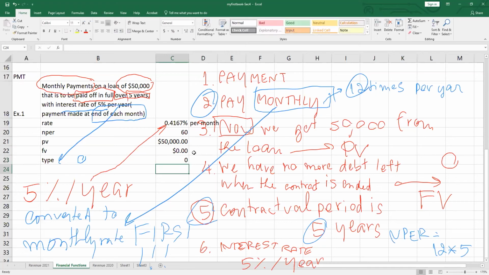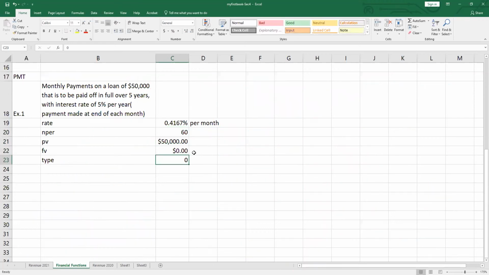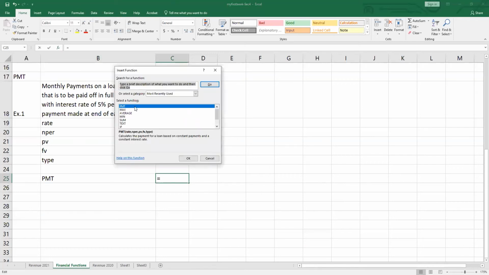So now we have all the arguments that we want already. We are going to calculate the PMT. When we calculate PMT, I will use relative references to refer to these values. I click fx, and PMT is the recent function that we have got. If you don't have PMT in the list, just type PMT and click Go, then we have PMT.